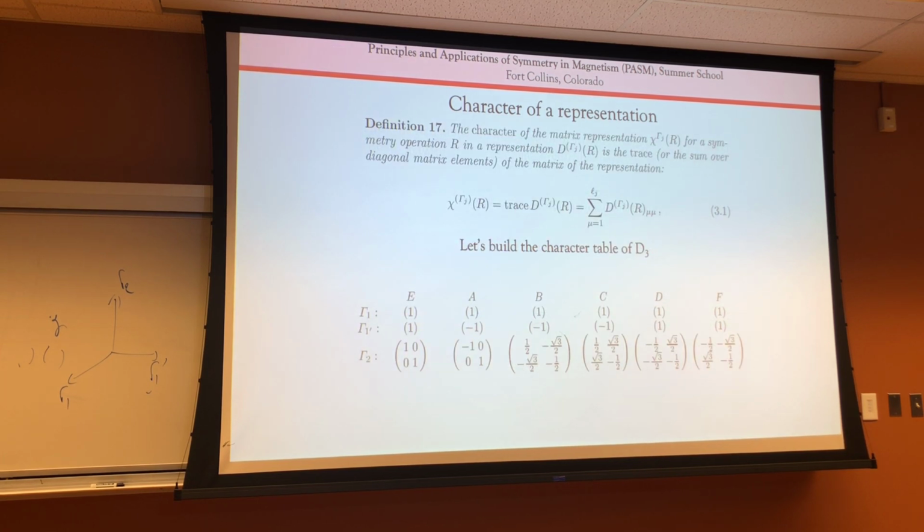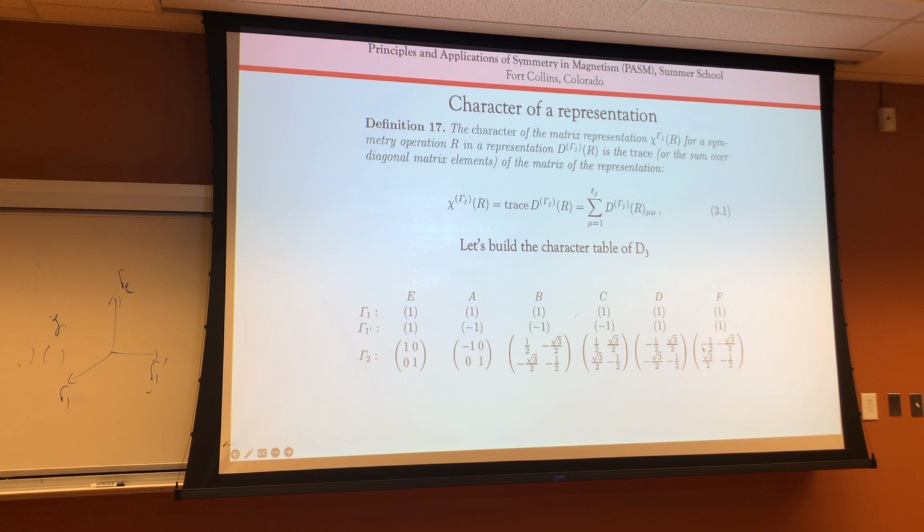So concretely, this is my table, as I was mentioning: gamma 1, gamma 1 prime, gamma 2. And I'm just going to replace all those numbers by the character. So the trace here, so I'm going to have a 2 here, 0, 0, 0, minus 1, minus 1.